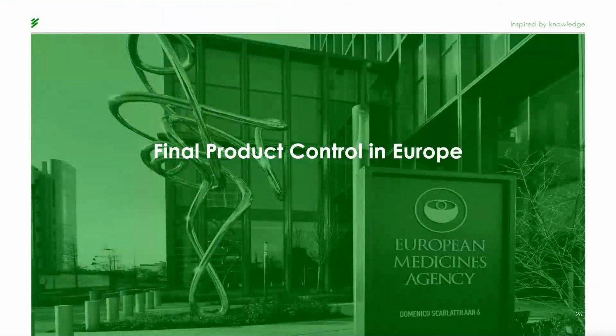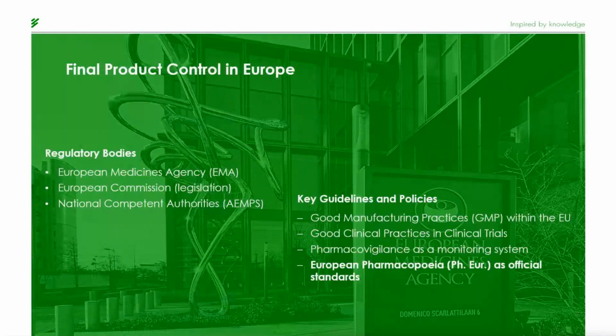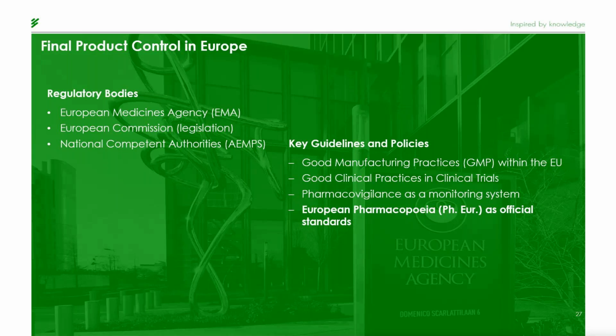Here in Europe, we're going to find different drug regulatory bodies. On one hand, we have the European Medicines Agency, EMA, the body responsible for the evaluation, supervision, and monitoring of the safety of medicines in the EU.